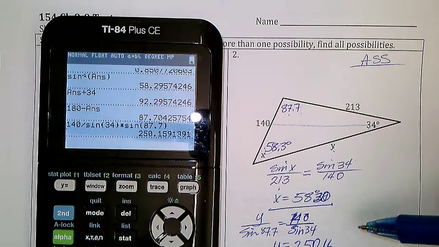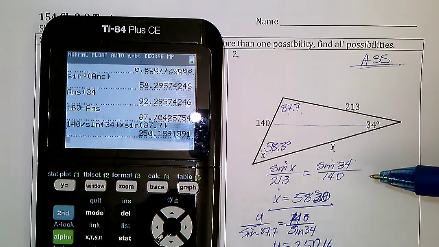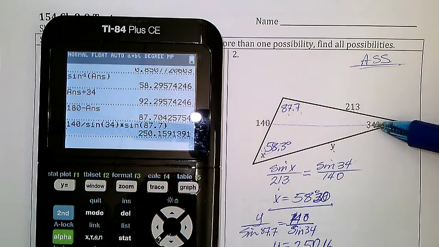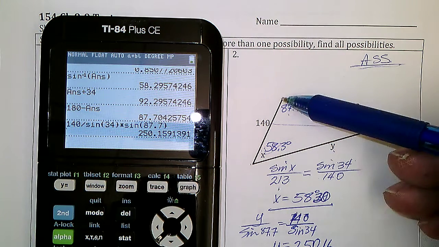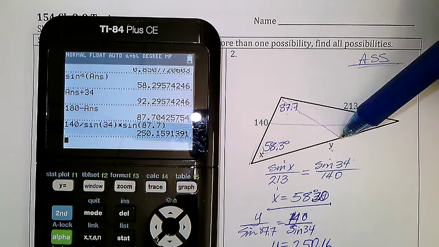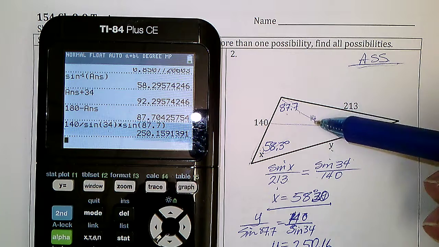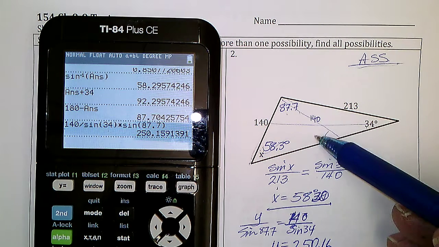However, since it's angle side side, you would miss one of these if you do not go for a possible second one. Now, if this is 34 and 213, 140 could lay this way, or the 140 could be sitting inside here. And that 58.3 we found could be this angle.